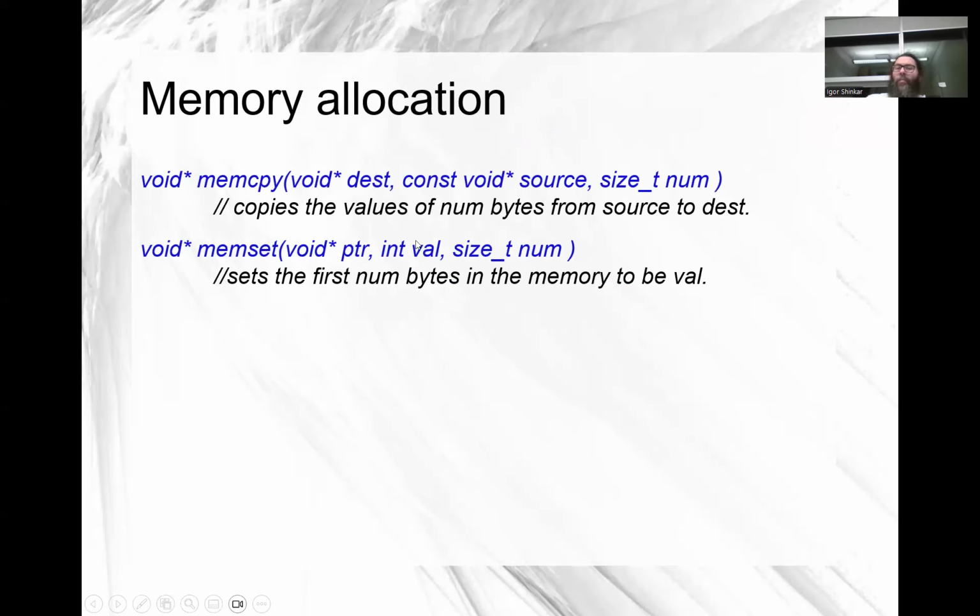It gets, well, it says int, but it's really a byte. It gets 1 byte, and it says how many times you want this byte. What it does is, in this array, or in this chunk of memory, it sets num many characters to be val.